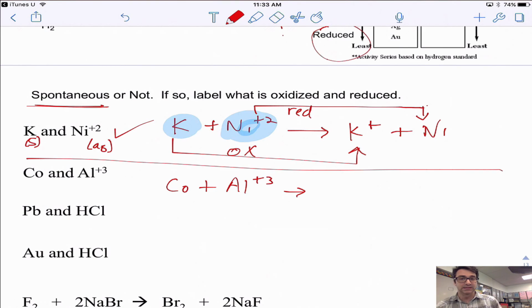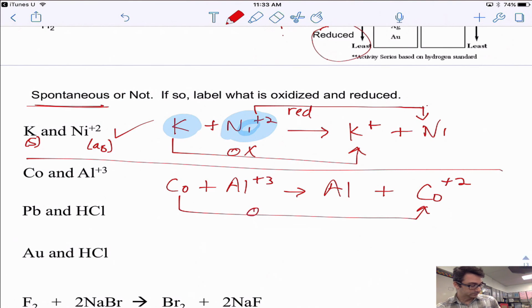If you look in the periodic table, you can see that aluminum has a maximum charge of +3. So aluminum will become Al. Cobalt, its charge is +2 or +3. We'll make it +2. We don't really know if it will be completely oxidized or not, but let's see. So cobalt is oxidized. Aluminum is reduced.